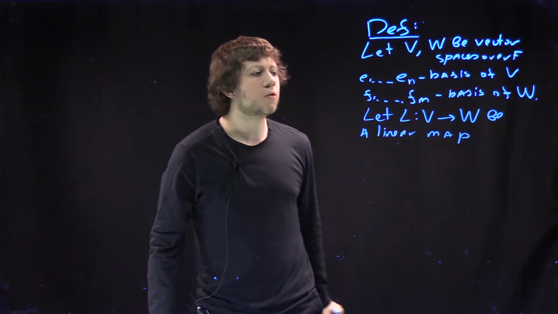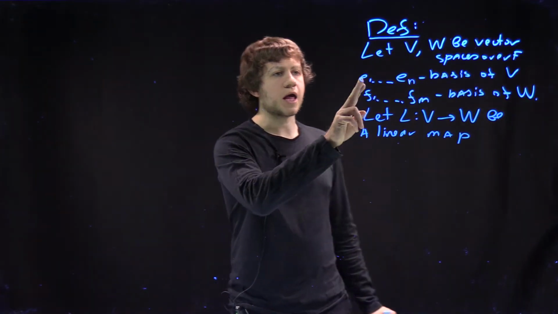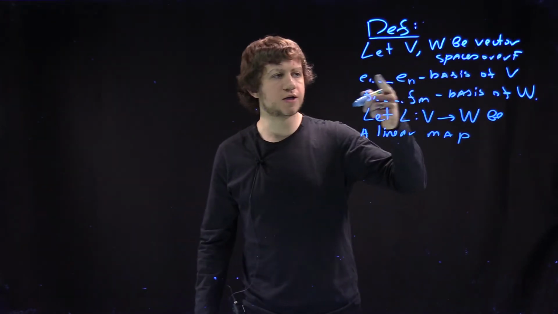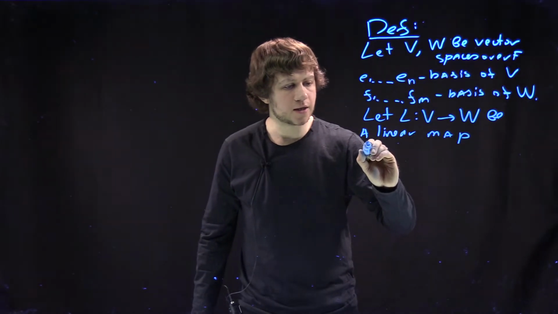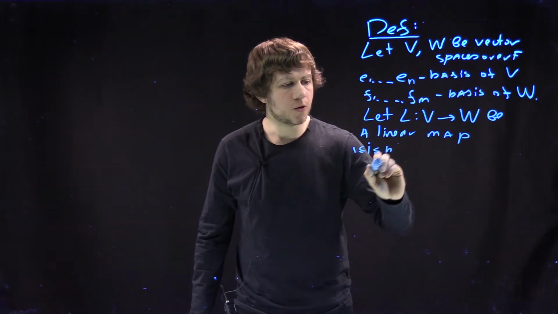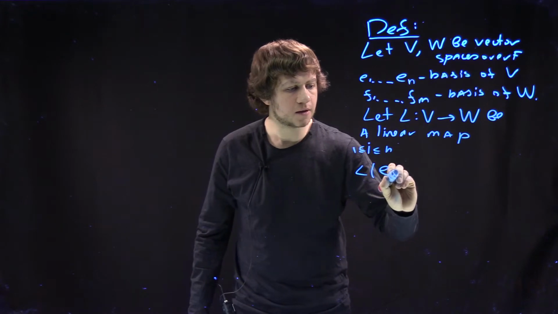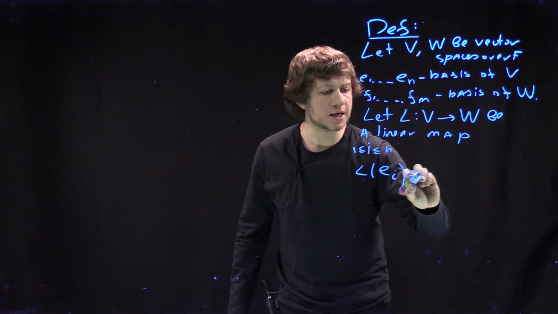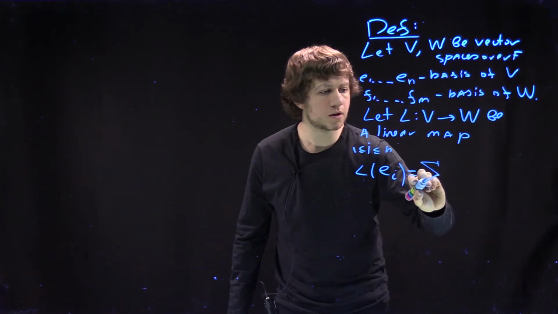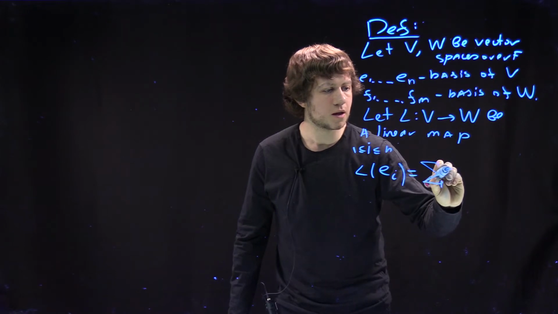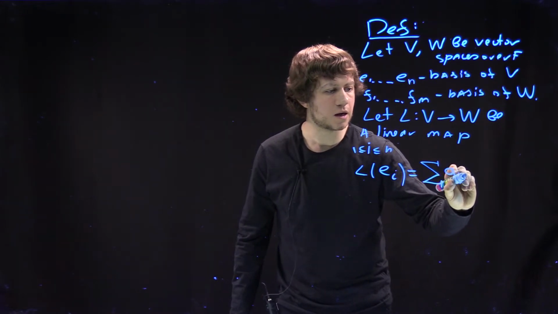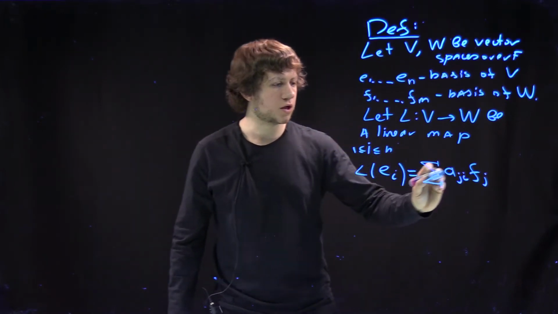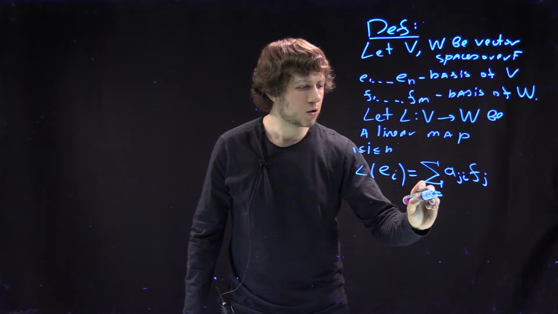So then what we can do, we can take L and just see what it does to vectors e1 up to en. So for i from 1 to n, we know that L of e_i is a linear combination of these guys. So let me write it down as the sum of a_ji f_j, for j going from 1 to m.